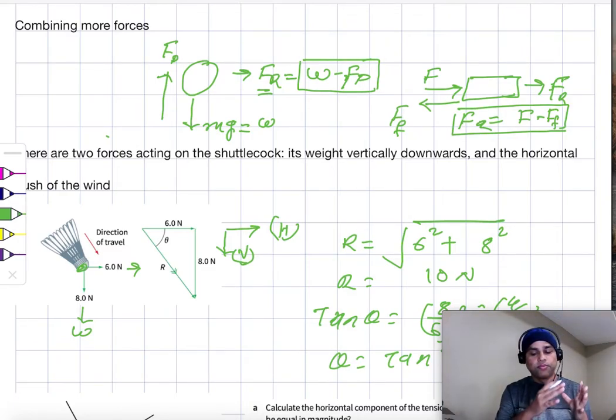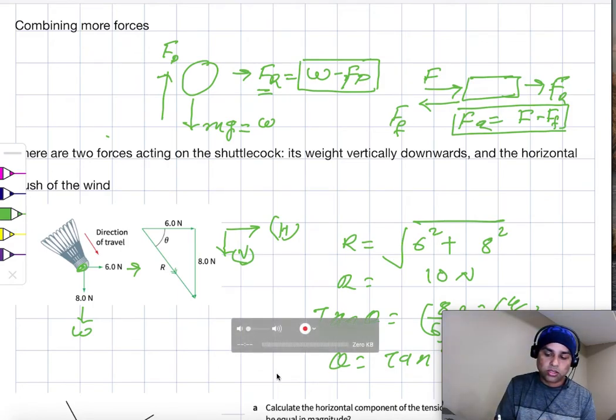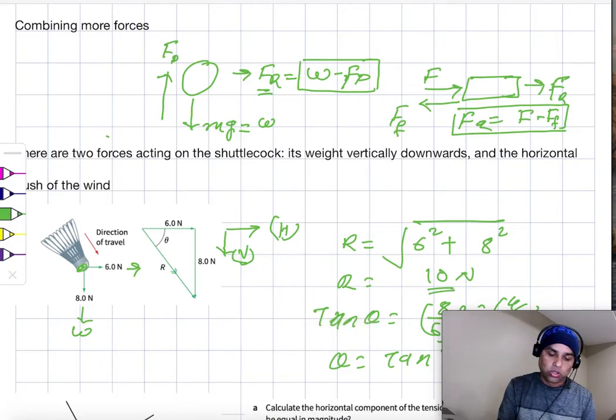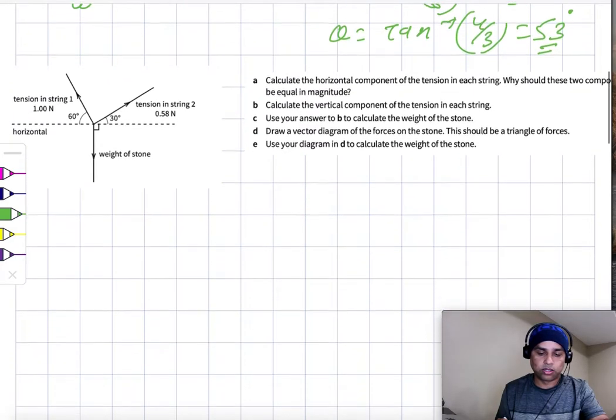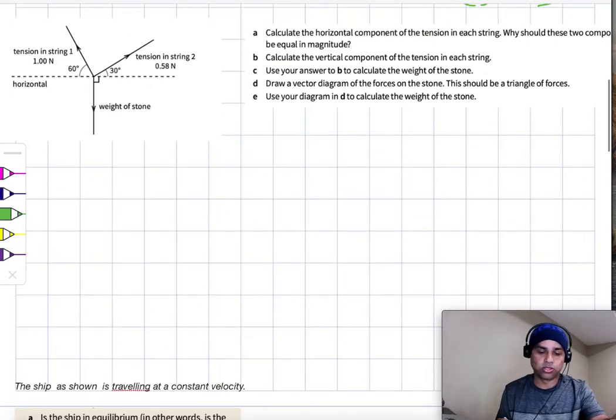So we calculated the magnitude as well as the direction of these two forces acting on the shuttlecock. This is a very simple problem: two forces are acting perpendicular to each other.